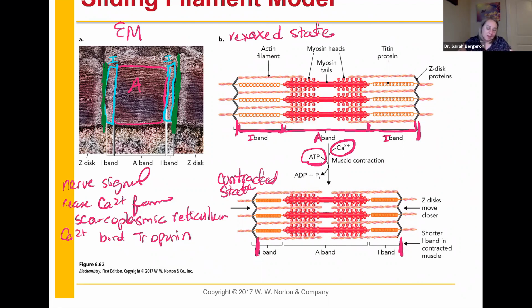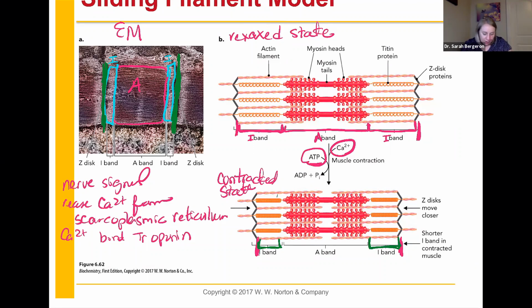And so when we look at this, what we're actually going to see is that when the myosin hooks onto the actin and basically ratchets it and pulls it in, the A band is going to stay the same. The A band distance is going to stay the same. But when the actin gets pulled, this I band is going to shorten, because as it's being pulled, you have more actin overlapping the myosin.